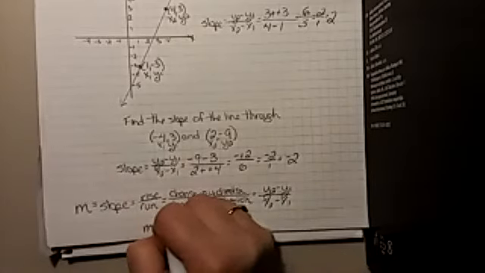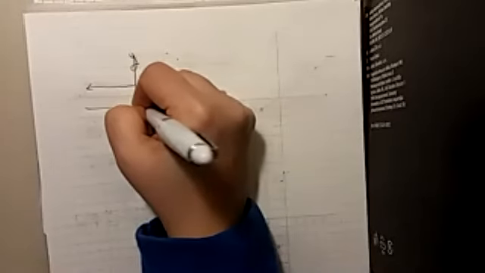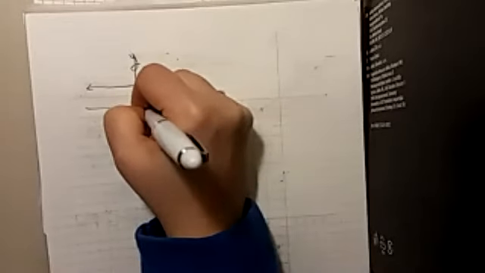What happens when we have a horizontal line? What happens to our slope? Okay, so let's put the tick marks in. 1, 2, 1, 2, -1, -2.